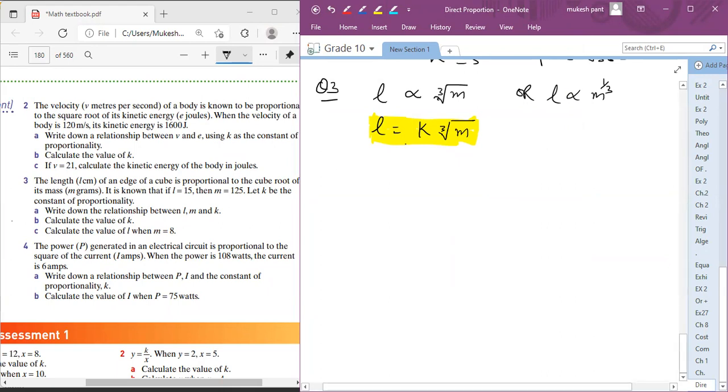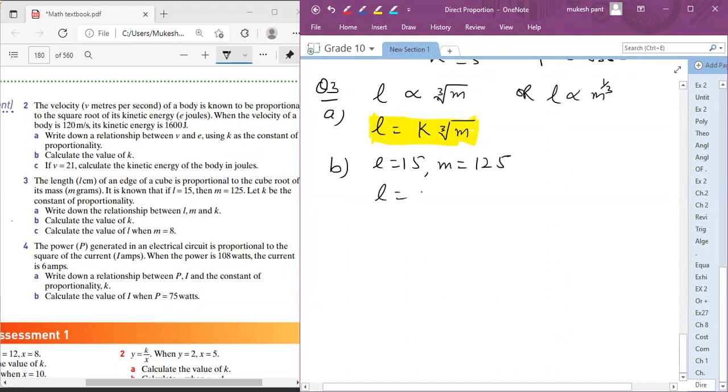I have written the relationship for 3a and b. In b, he's asking us to calculate the value of k. L equals 15 and m equals 125, which is the cube of 5. Just put it in.